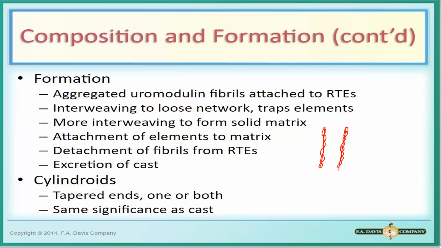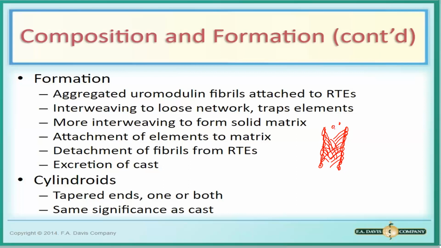If you have urine stasis, yung protein na yun magpo-form ng weave-like, parang interweaving uromodulin fibrils. Tapos magkakaroon ka ngayon ng trapped elements. Kunyari, may bleeding within the tract, so dadaan si RBC.